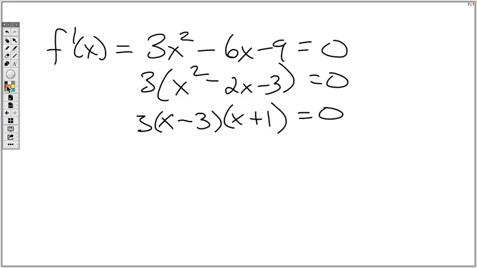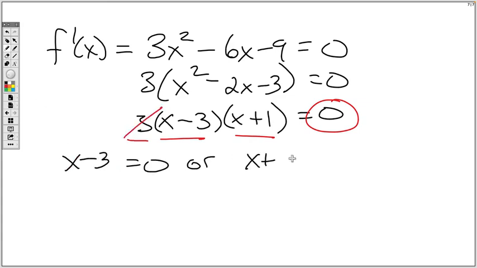There you go. Now I've got 3 factors, 3 real numbers that multiply together to give me 0. The only way that happens is if one or more of them are 0. Can 3 ever be 0? So either x minus 3 is 0 or x plus 1 is 0, or both.